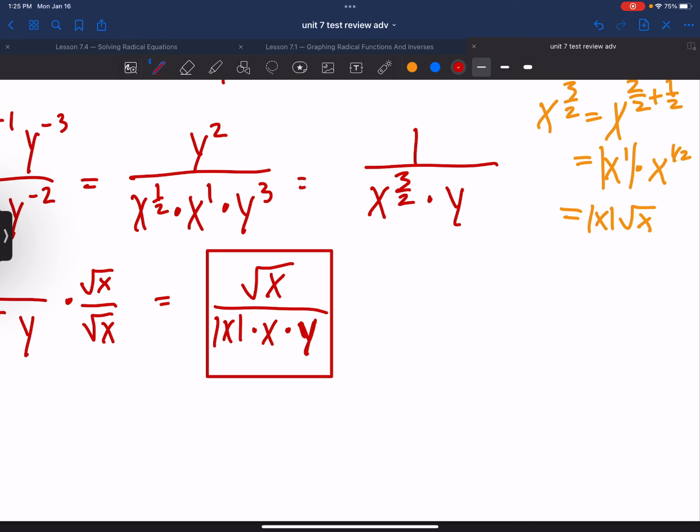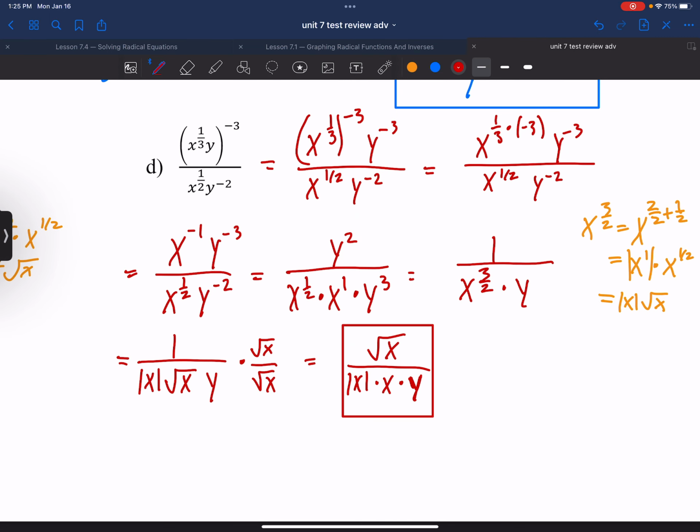I didn't think about this ahead of time. I would say, personally, this is an okay answer, just because when you rationalize the denominator like that, you've made it look a little bit uglier.